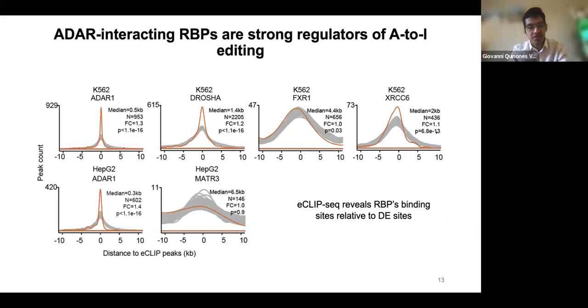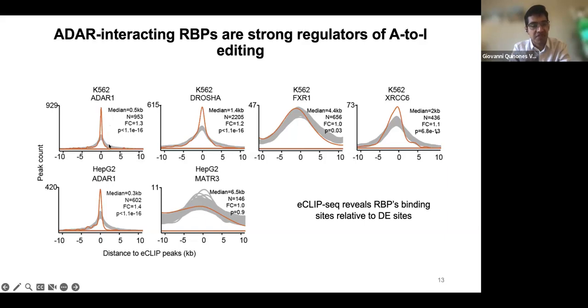So what we did is to find the distance of the closest binding site of each RBP to each of their differentially edited sites. Once again, we put ADAR1 here as a reference. You can see that ADAR1, if you look at the orange curve, binds very closely to the differentially edited sites.